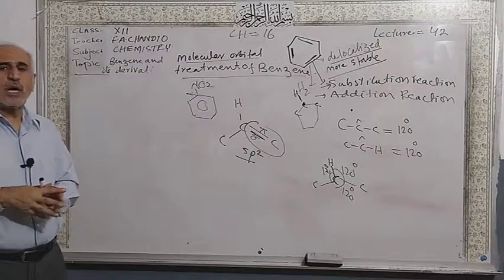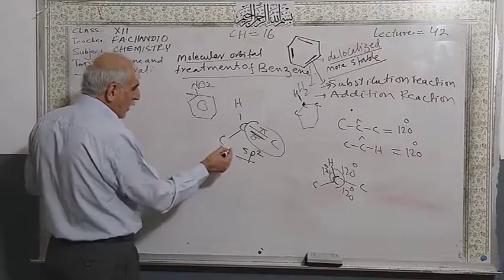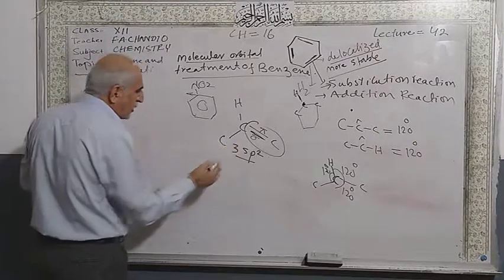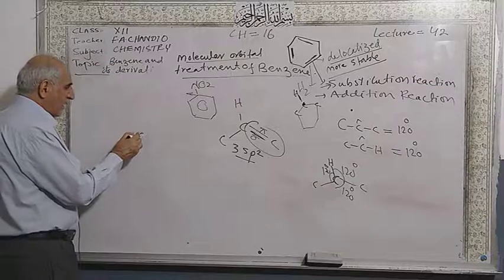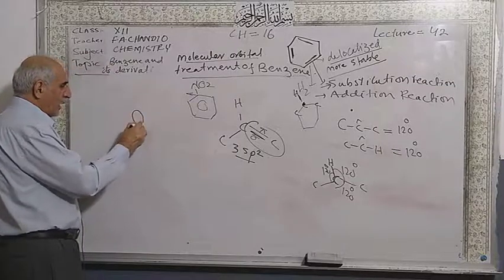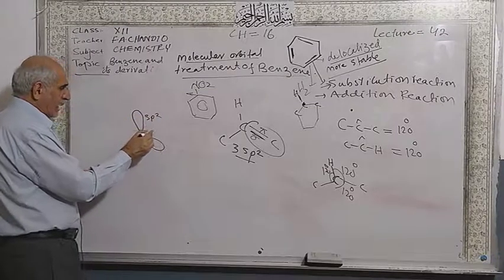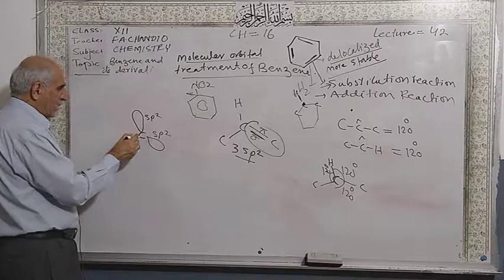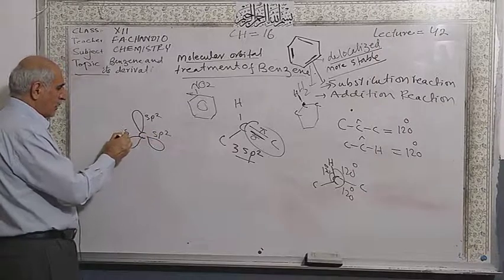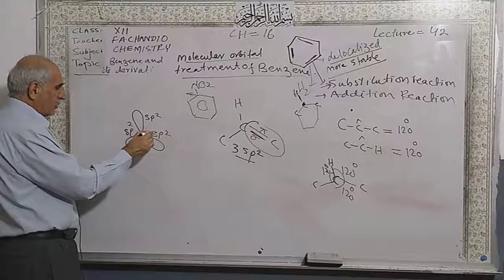How many sp2 hybridized atomic orbitals? There are 3. If this is the carbon at the center, this is the first sp2 hybridized orbital, the second sp2 hybridized, and this is the third sp2 hybridized.